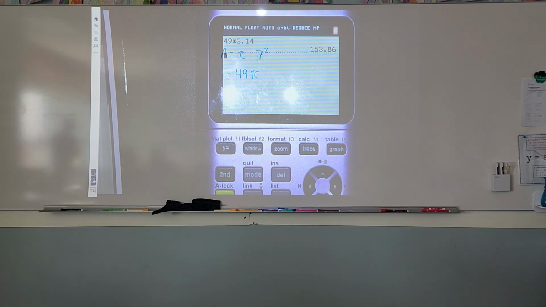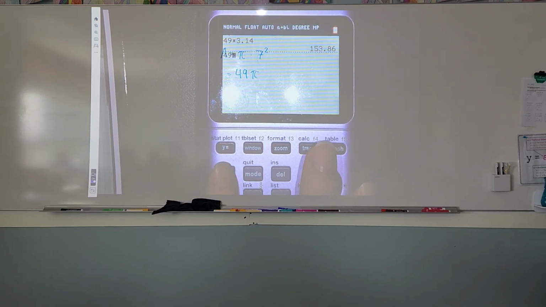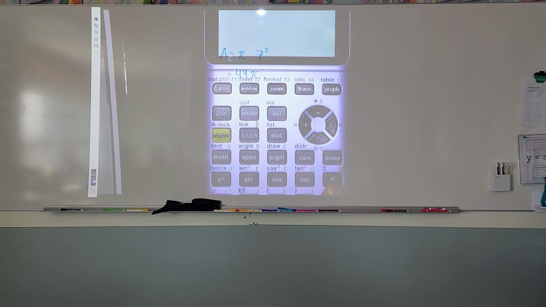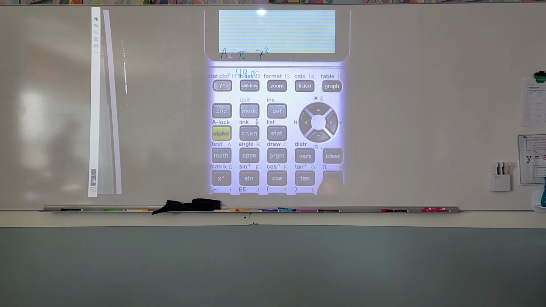So on your calculator, you're going to press the second button and then the caret key, which is barely on the screen in the bottom right corner. That caret key is the little up arrow, not the keypad arrows, but this one next to tangent. That has pi in blue.